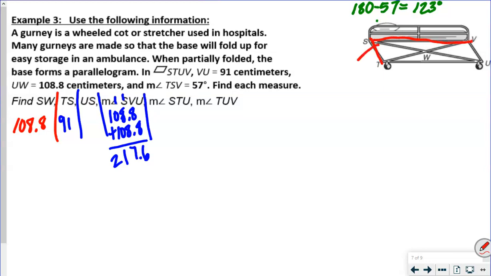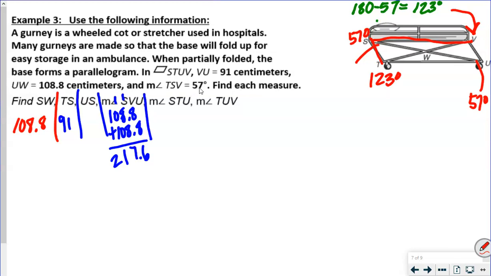Okay, so that was this angle, y'all. TSV was 57, which means that angle down there is 57. See, even teachers make mistakes. Okay, so then we are looking for, again, this would still be true here, right? Because that is still a consecutive angle, which means this one down here would be 123. So that was my error, y'all, in not reading the problem correctly.